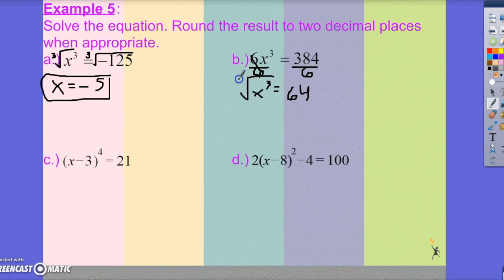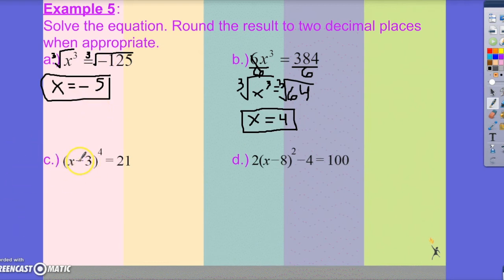Take the cube root of both sides. X equals 4. Once again, it's an odd root, so you do not do plus minus. It's just one single answer. If it's positive, it stays positive. So 64 was positive. Here, -125 was negative. Negative before you take the root, still negative.